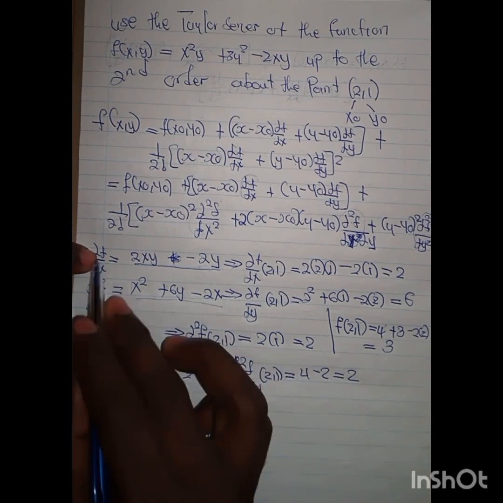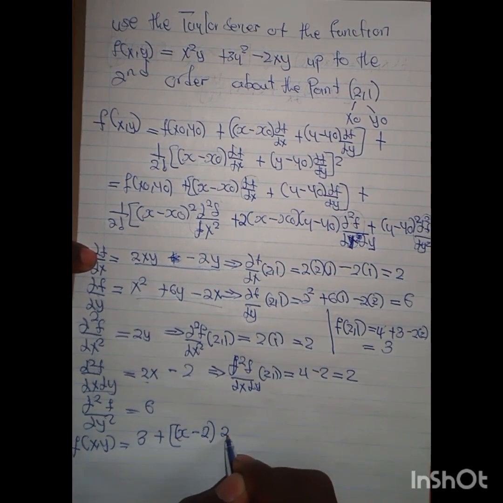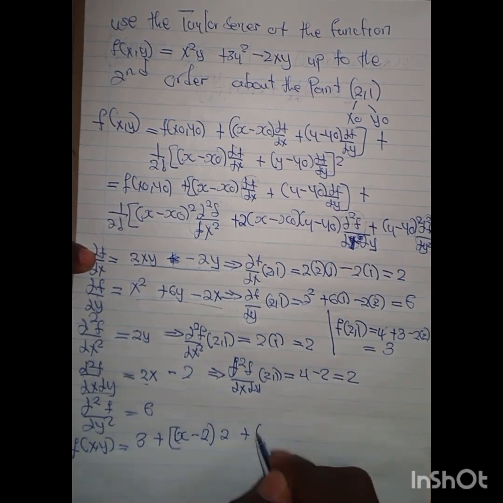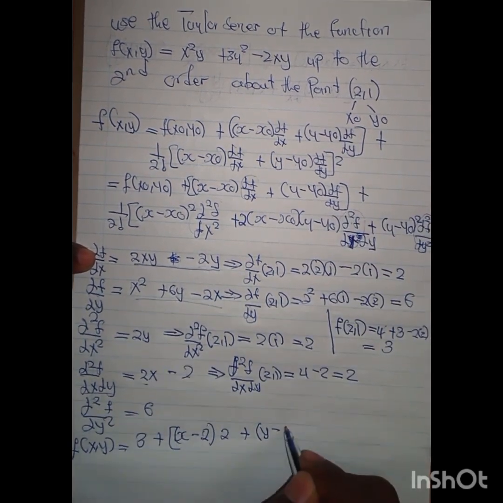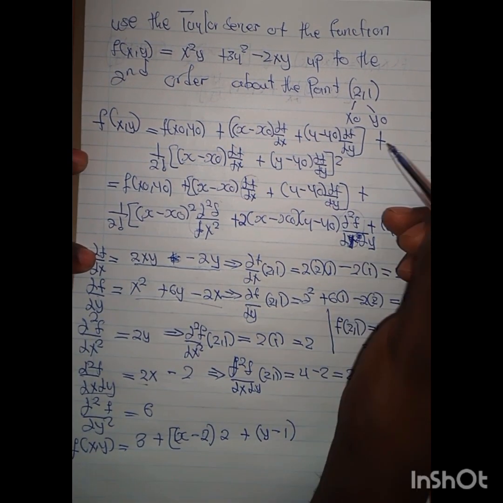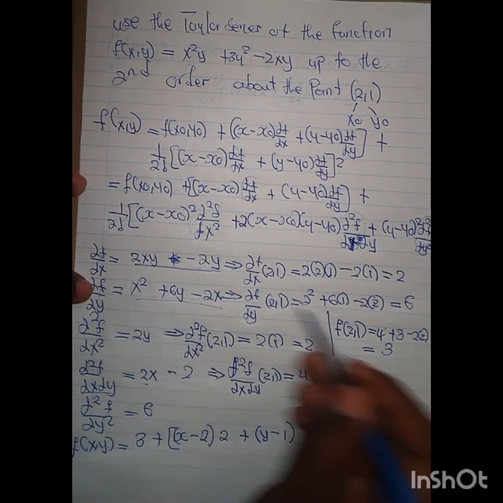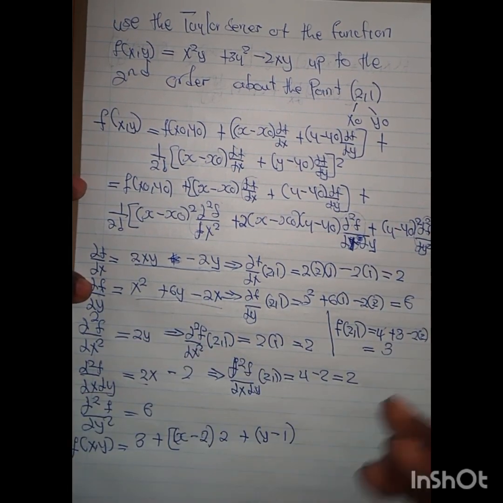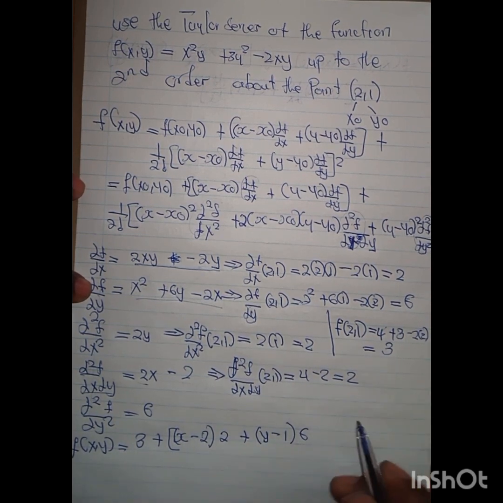We have said that df dx is a 2. Then we multiply by 2 plus y minus y naught. y naught is a 1. This is a 1. Then df dy. What is this one? df dy. We've said that df dy is nothing but a 6. So this is a 6 we get.